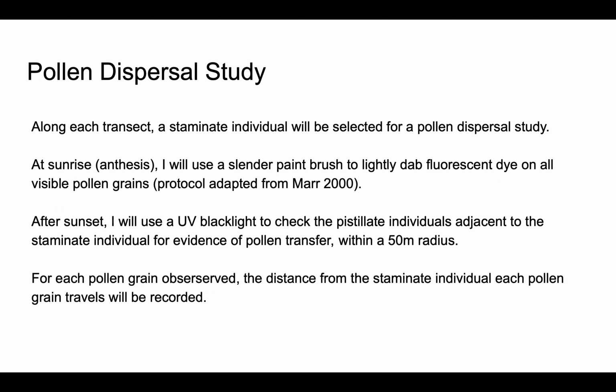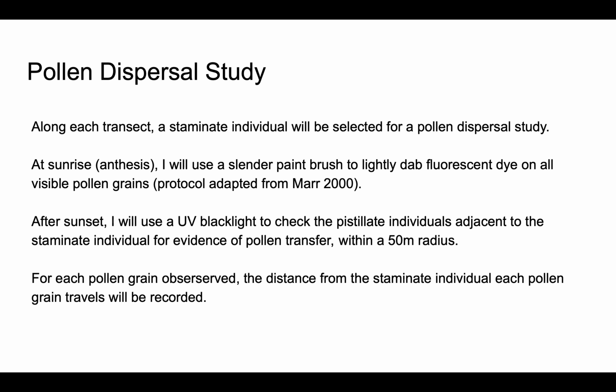The second part of the study is to determine how far pollen is being moved. As mentioned before, they are dioecious, so there are separate male and female individuals. For each transect that I'm doing a visitation study on, I'm going to select a staminate individual and paint all of the visible pollen grains using a tiny little paintbrush dabbed in fluorescent dye.